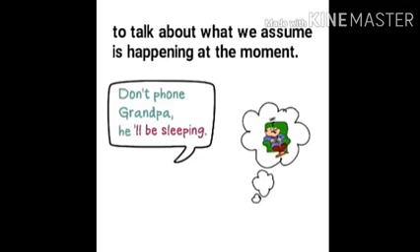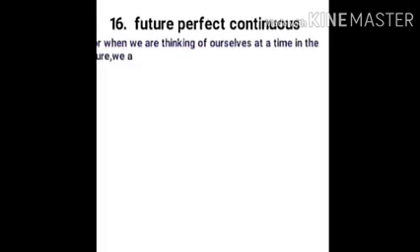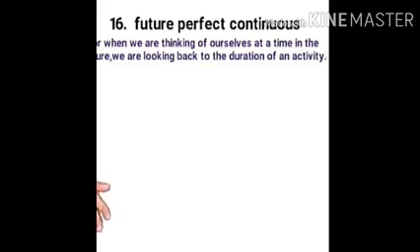So finally, we're going to look at the future perfect continuous. We use this tense when we're thinking of ourselves at a time in the future. We're looking back from that time to a duration of an activity. So the activity will have begun sometime in either the past, present, or in the future, and is expected to continue into the future.